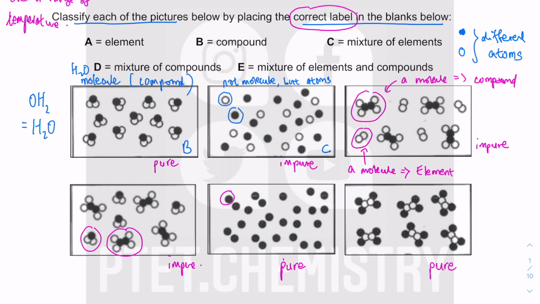A compound contains two or more. Here there are two different kinds of elements chemically combined together, the black and the white one. So there's a compound, there's an element. Both of them are considered molecules, but this topic is about element, compound, or mixture. So you have a mixture of element and compound, which is option E.